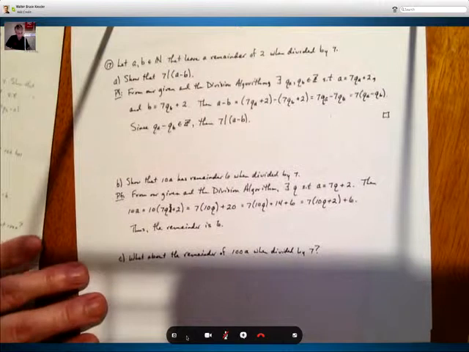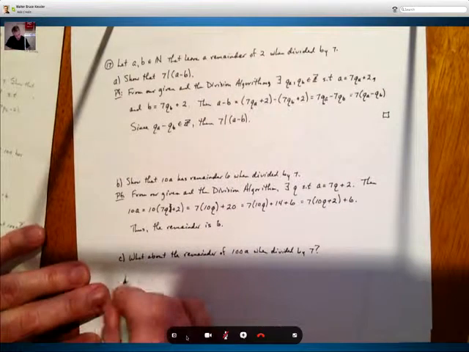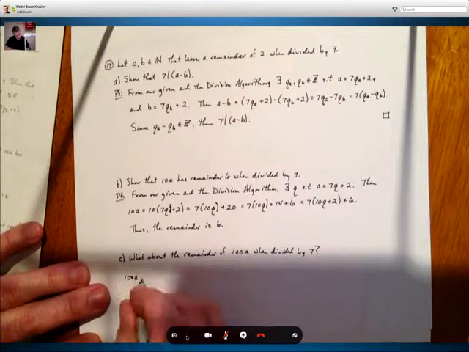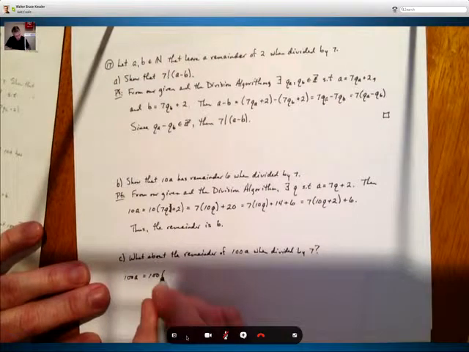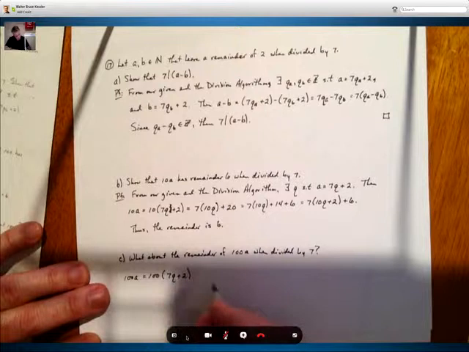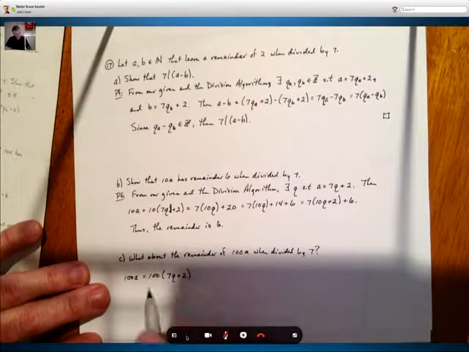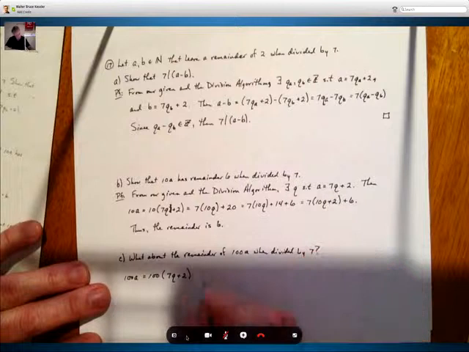And they ask us here about 100a. Well, let's avoid the formal proof stuff and just kind of talk it out. 100a, using the same kind of stuff I did up here, 100 times 7q plus 2.